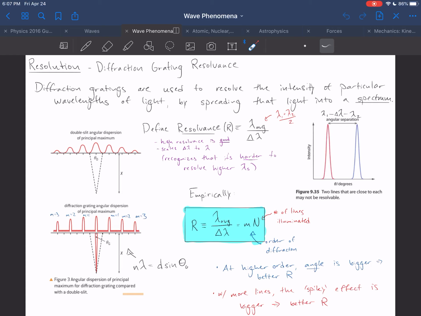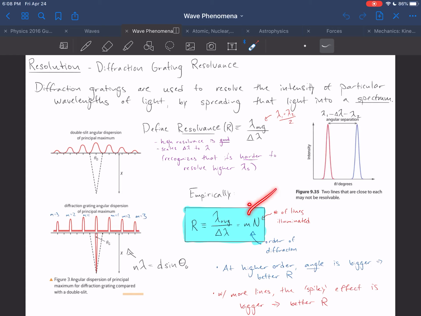The spikes are what gives you the different wavelengths in your light. So the spikier they are, the higher the resolvance. A low resolvance diffraction grating will look kind of whitish in the middle as that light sort of lies on top of each other. The colors will not be as clear, whereas with a high resolvance diffraction grating, those colors will be easy to tell apart.